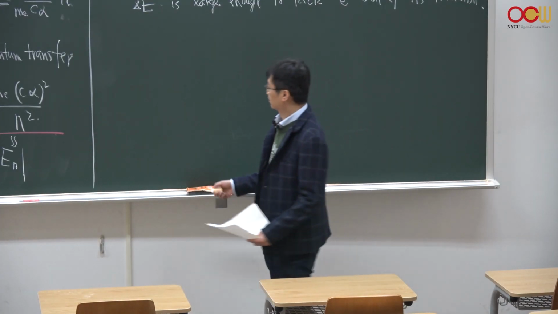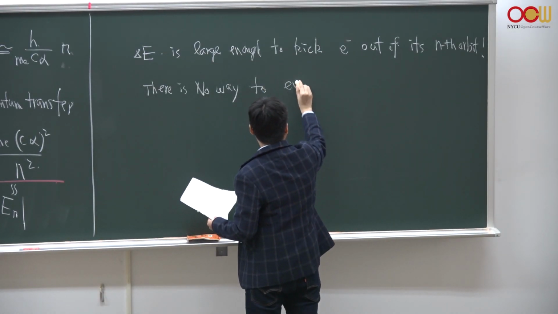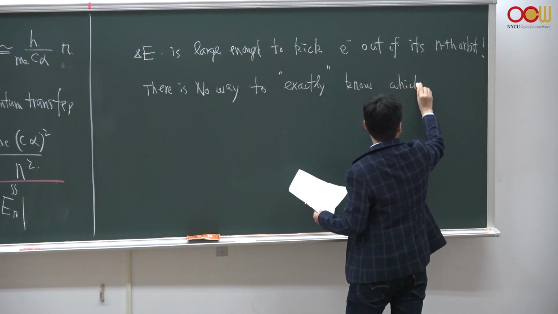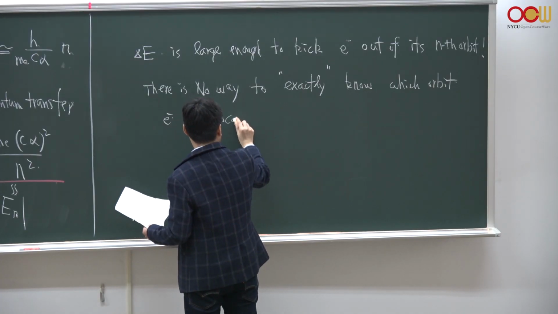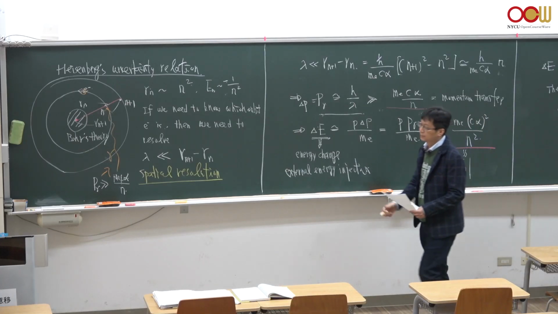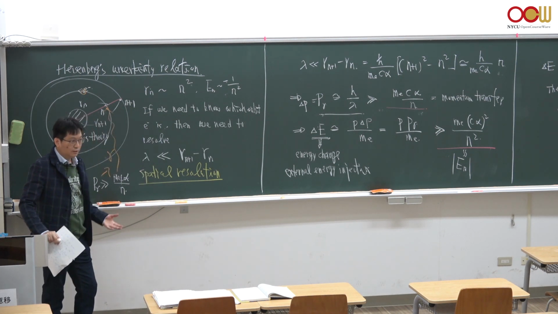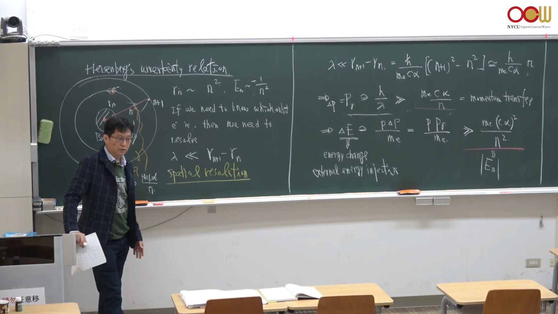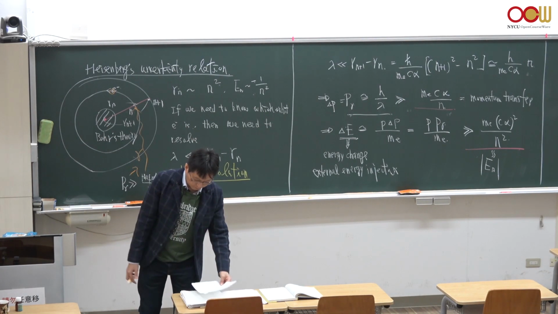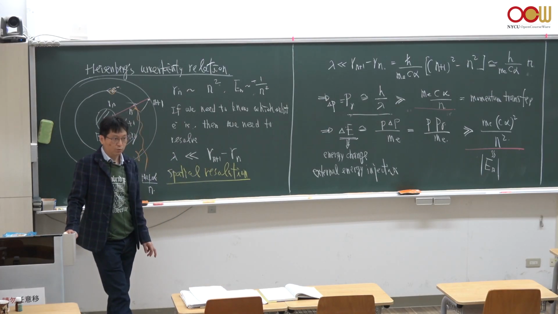And as a result, there's no way to exactly know which orbit any electron is located in. And this is a very good example showing you that the Heisenberg uncertainty relation governs all quantum mechanical phenomena. And this also tells you, although it's a bit counterintuitive, a very important message to all of you about what is really observed in quantum mechanics.